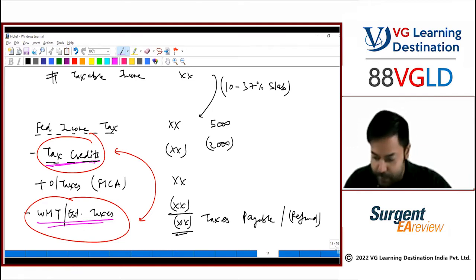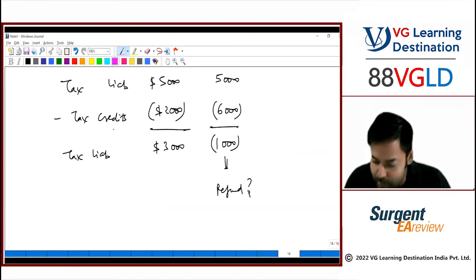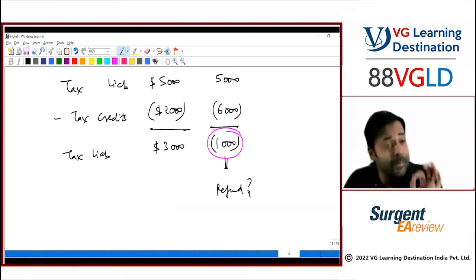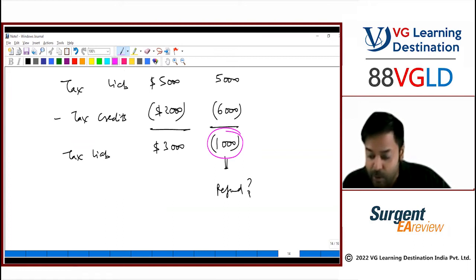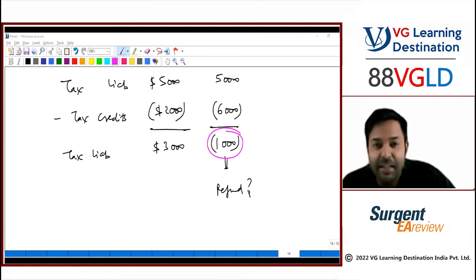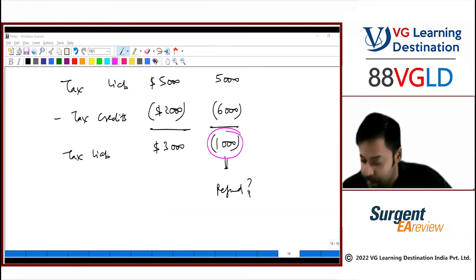Okay. Now the million-dollar question comes: what will happen to this 1,000? It will depend on which type of tax credit we are talking about. Tax credit could be of 3 categories. The tax credit reduces the tax liability.